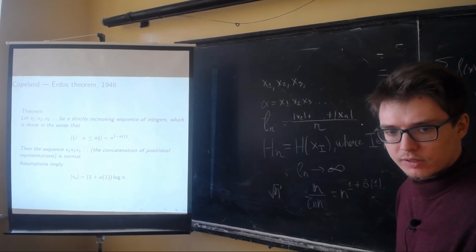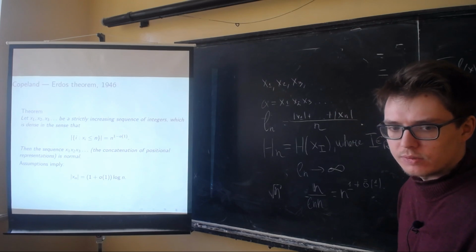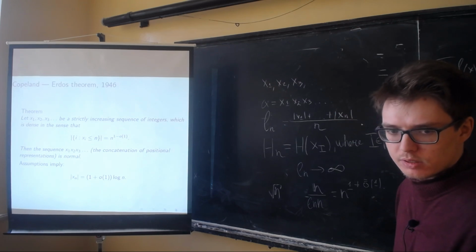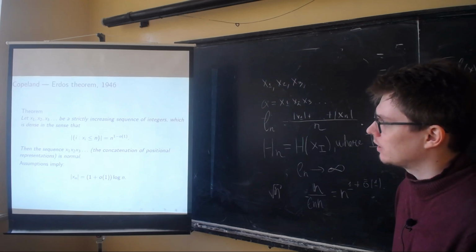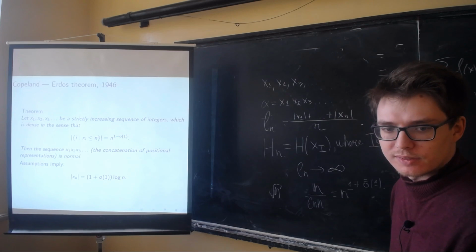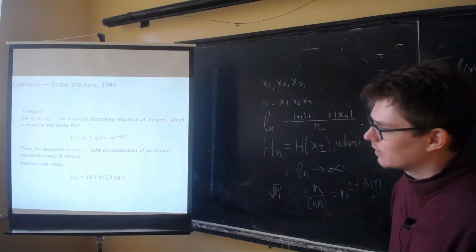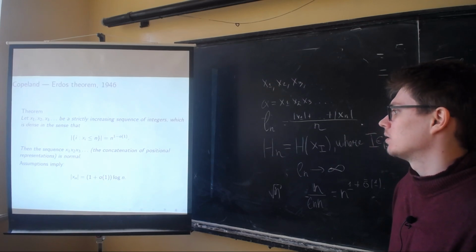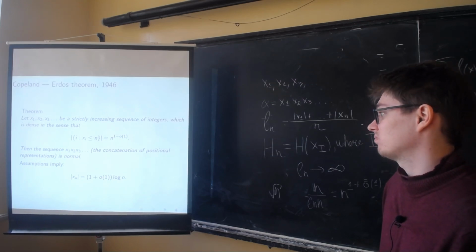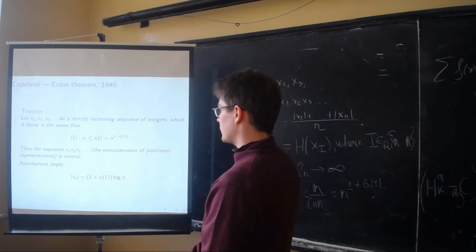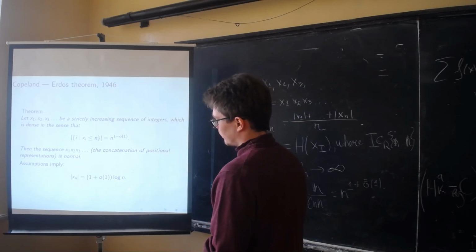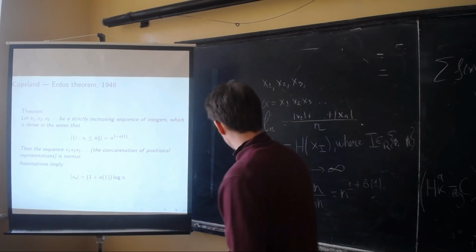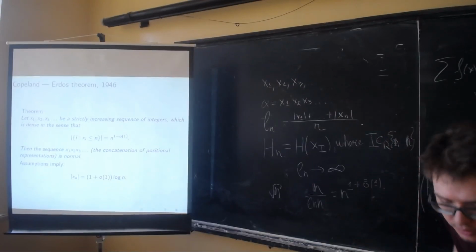Once again, we have the entropy log n of the first n elements, because they are strictly increasing, so they are all different. The second thing is the length of the nth element of the sequence.